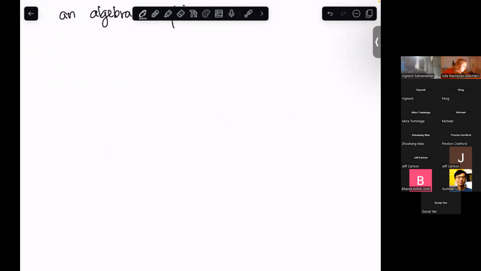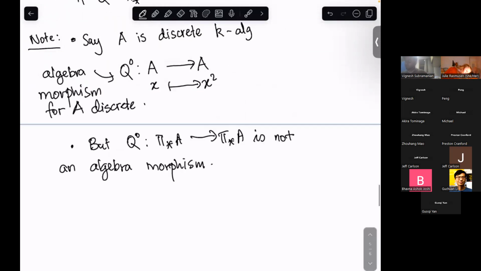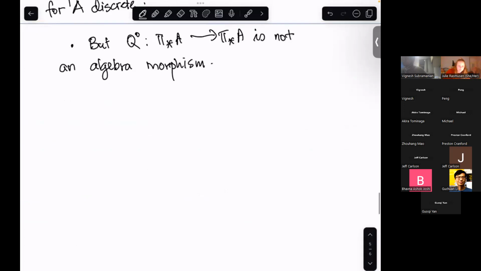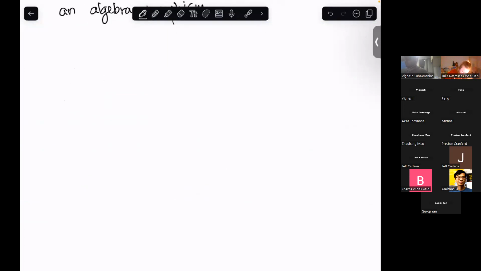But I can still talk about what it means to be perfect by this definition that I gave. An E-infinity algebra is perfect if this operation Q0 acts by isomorphism. As soon as we introduce the notion of perfect in ordinary algebra, there are two things that I can consider.